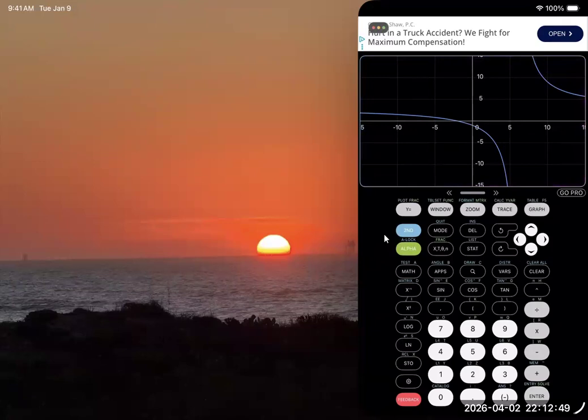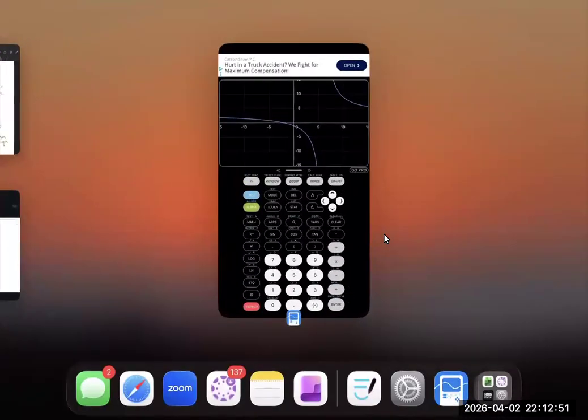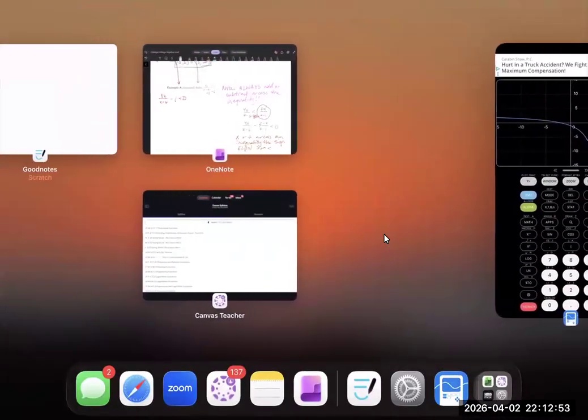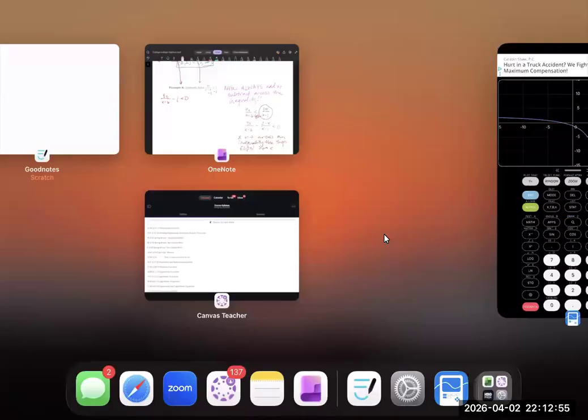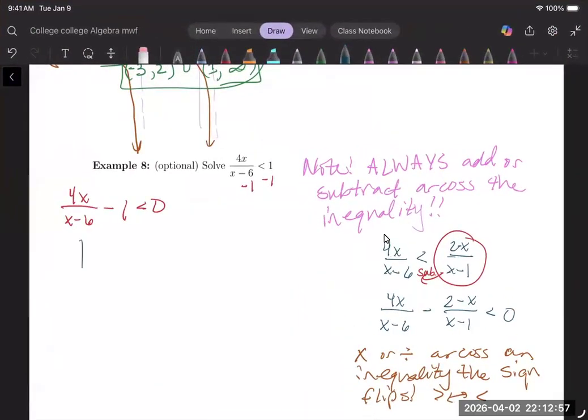Horizontal asymptote maybe at like 2. Basically you have these boomerangs across from each other. I know it's 6 because that denominator is 6. And this horizontal asymptote is at 4.